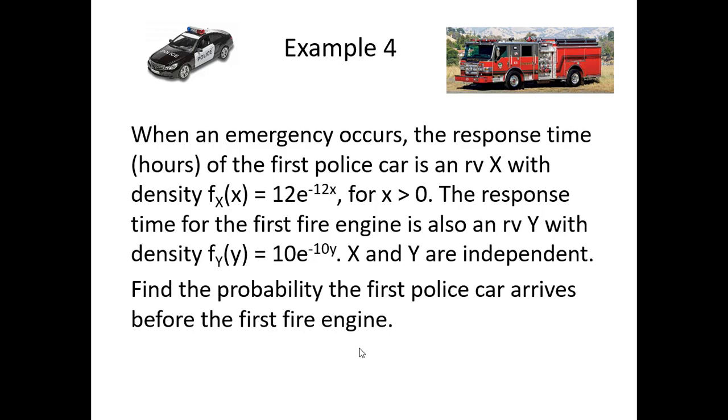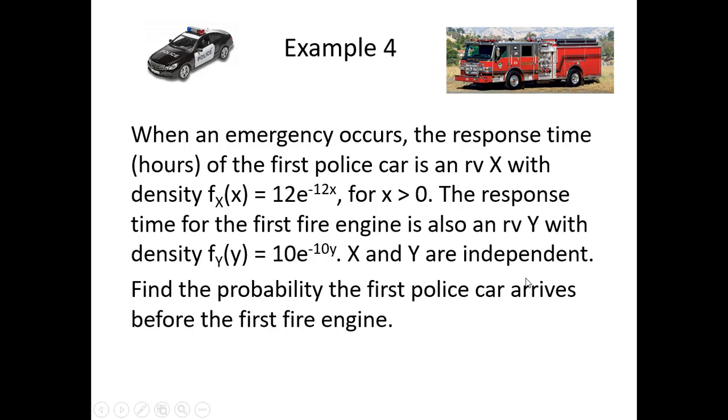Suppose an emergency occurs and the response time in hours of the first police car is a random variable with density 12e to the minus 12x. Of course, this is for x positive. The response time for the fire engine is also a random variable, let's call it y, with density 10 times e to the minus 10y.